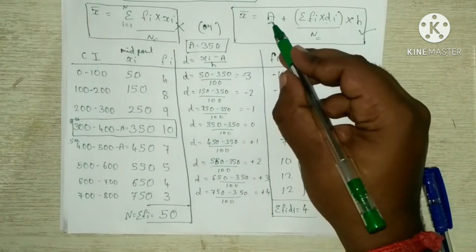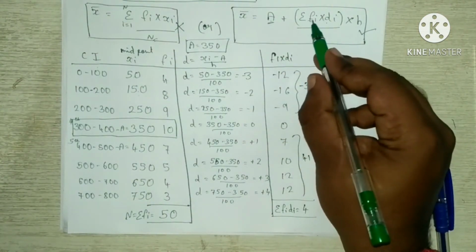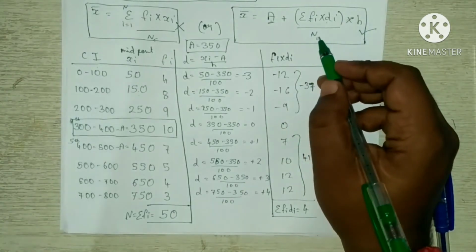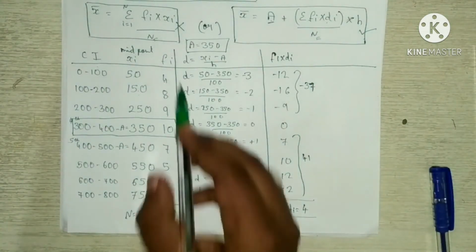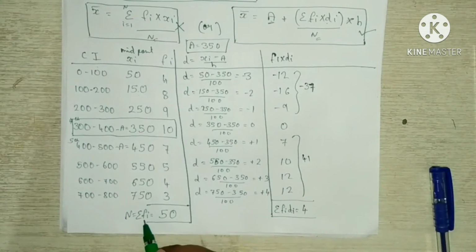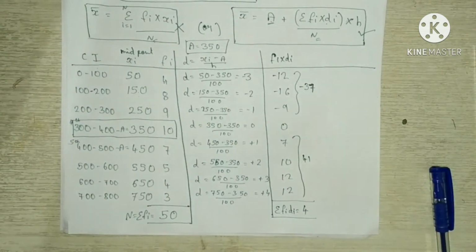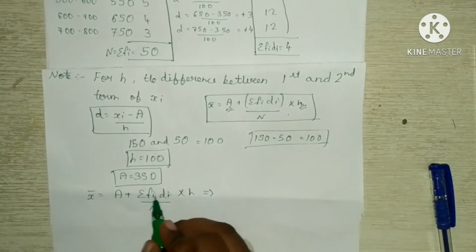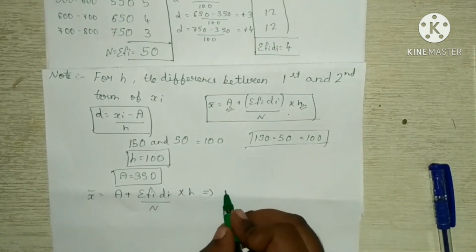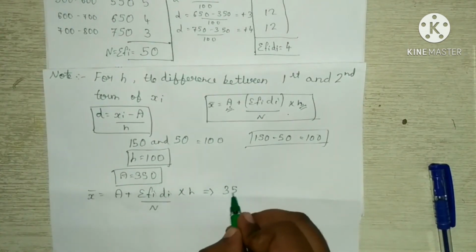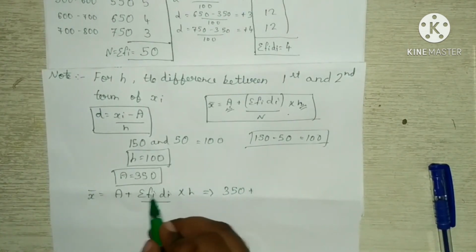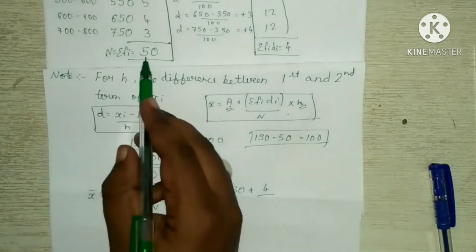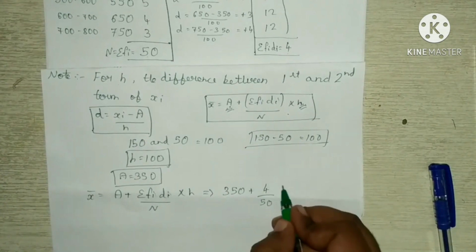You got A is equal to 350, summation Fi Di is 4, H is 100, divided by N. N is nothing but the total number of frequencies. By adding all these frequencies, you will get the N value, which is 50. X bar is equal to A plus summation Fi into Di into H by N. A is equal to 350 plus summation Fi into Di is 4, by N is 50, into 100.